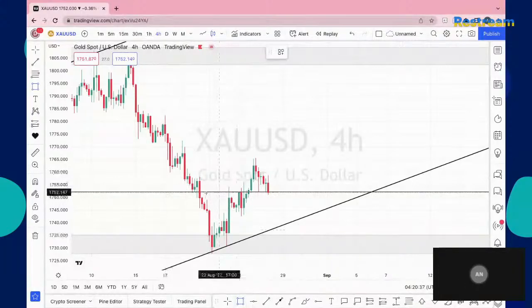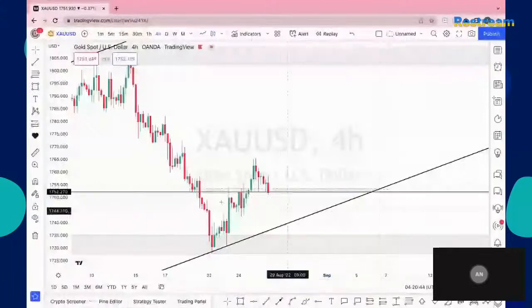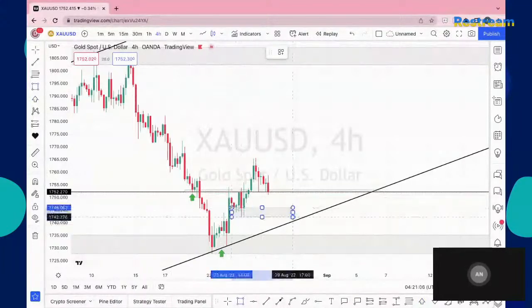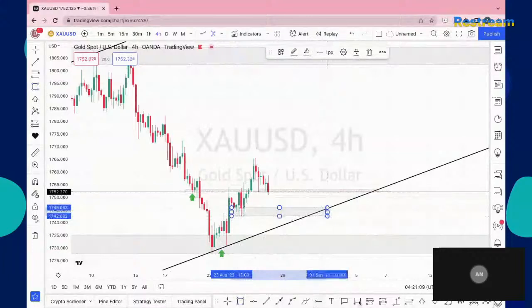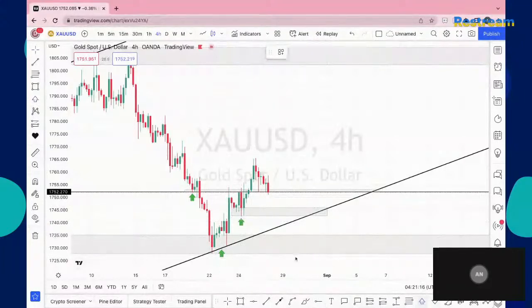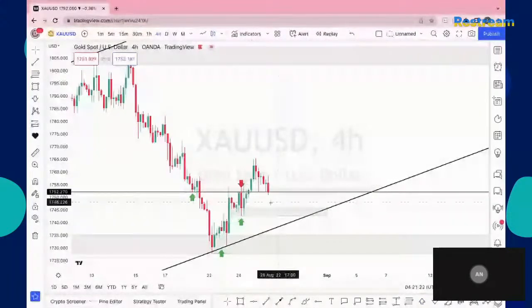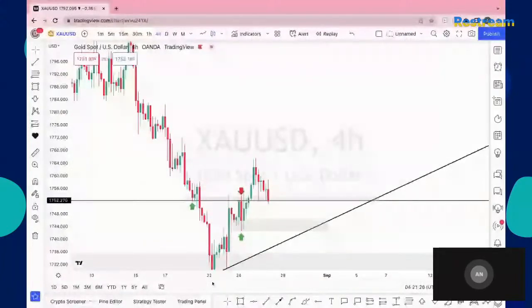Here you can see we have support, support here, we have support here, and resistance here.